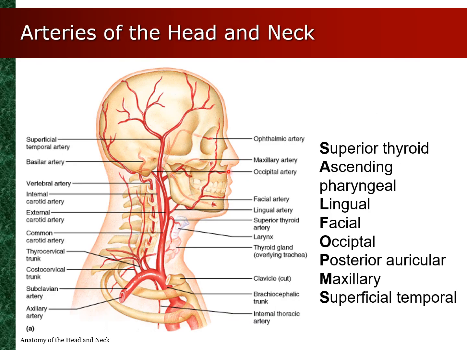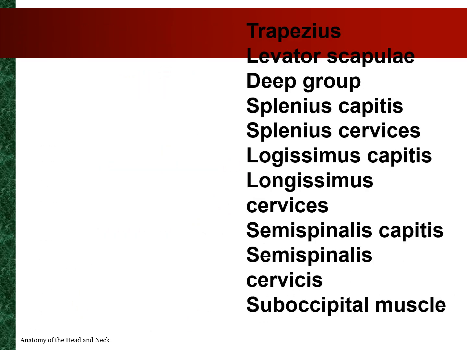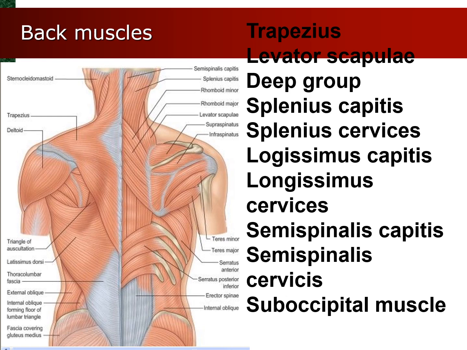So you can remember its branches, because any cessation or obstruction of this artery leads to ischemic necrosis, either neurological symptoms or loss of blood in the upper limb, because the subclavian artery is the continuation of the axillary artery. Now remember the back: deep to the trapezius there are the suboccipital muscles.